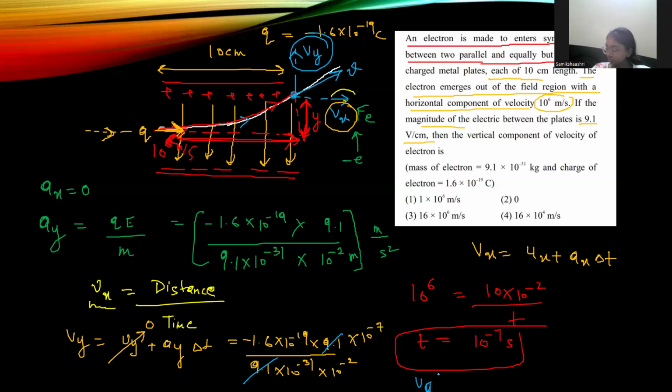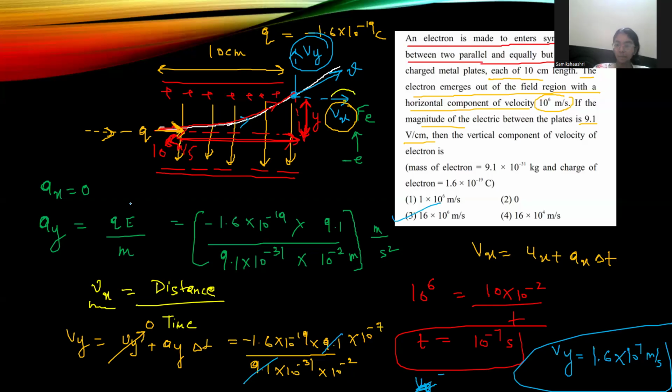Vy will be how much? It is 1.6 into 10 to the power 7, minus 1.6 into 10 to the power 6. It means which option is correct? 16 into 10 to the power 6, so option 3. Is it clear? Okay.